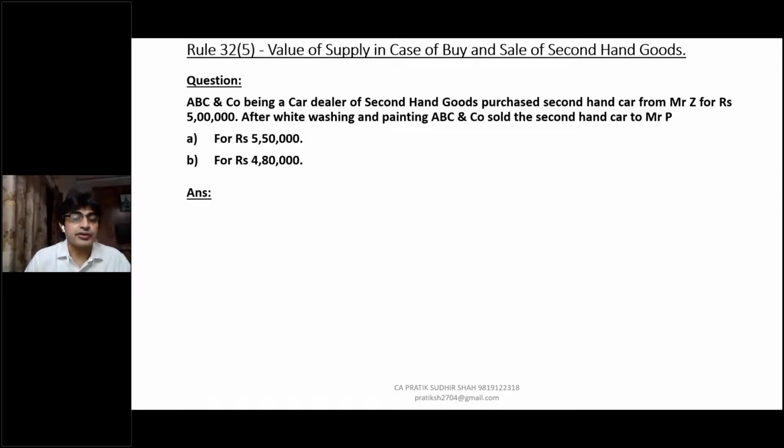Now you have to answer. ABC and Company purchased the second-hand car for 5 lakh rupees, and it is selling for 5,50,000 and 4,80,000 respectively.